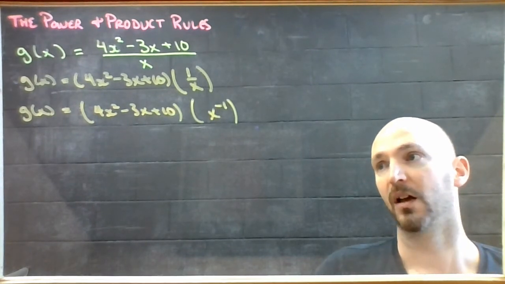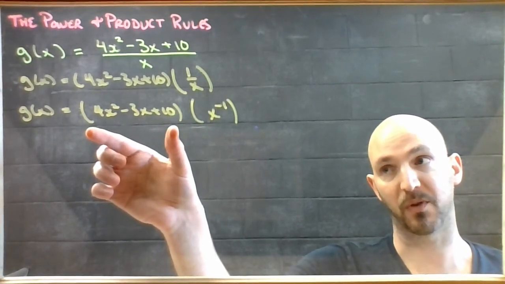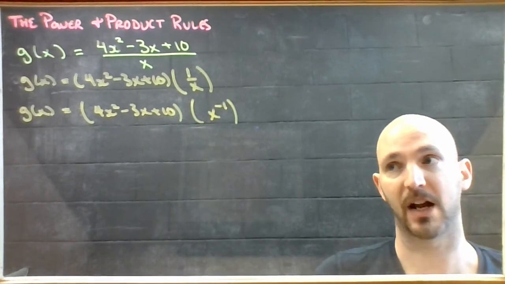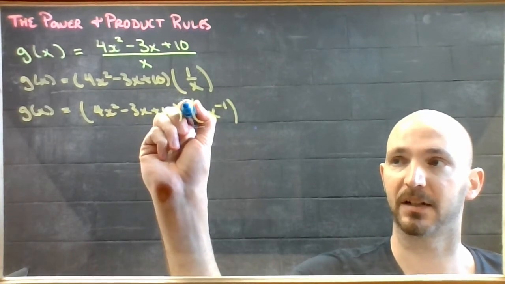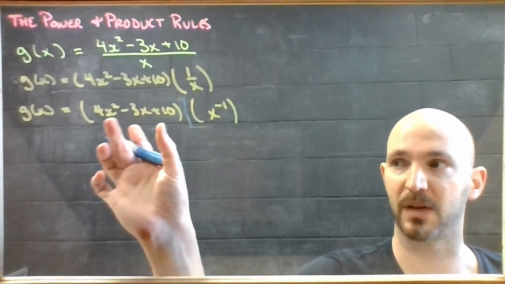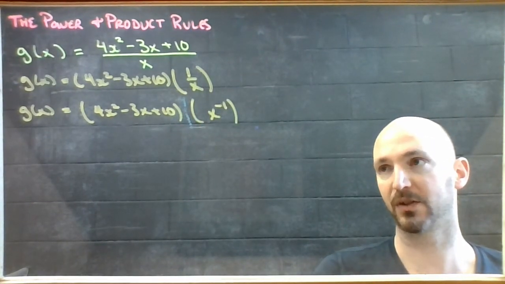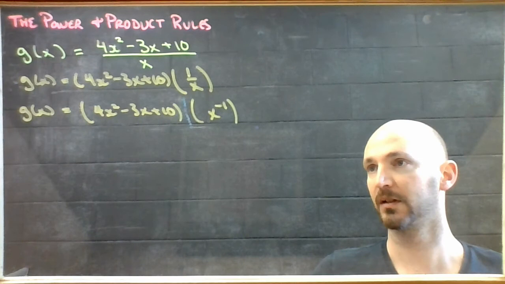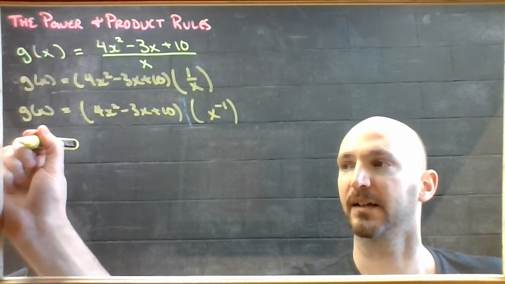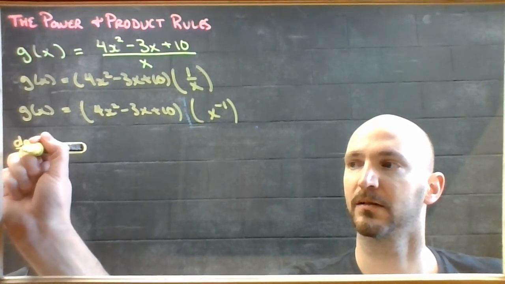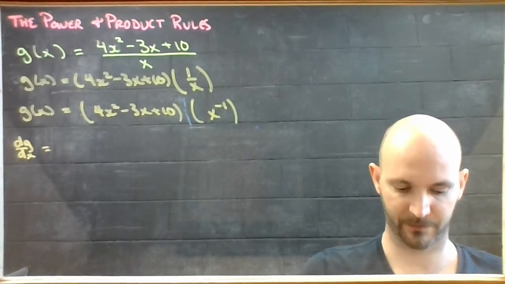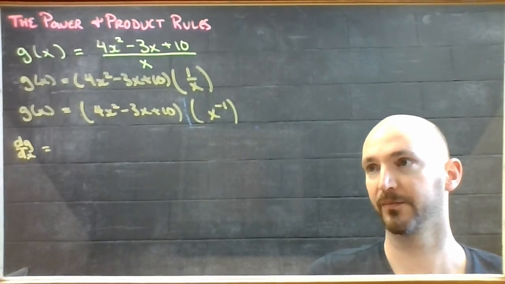So I have this piece, which is a parabola, multiplied by a rational expression, and I can draw my dividing line there into my first piece and my second piece. So when I go to take the derivative of that, dg by dx is, build yourself some scaffolding.